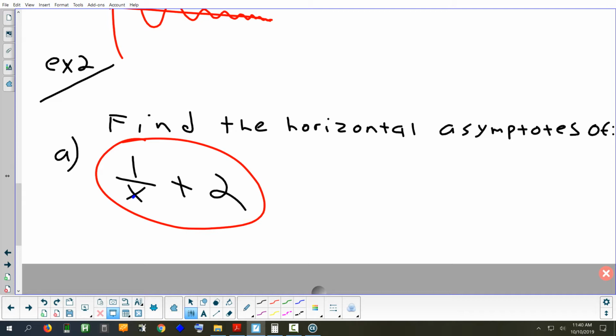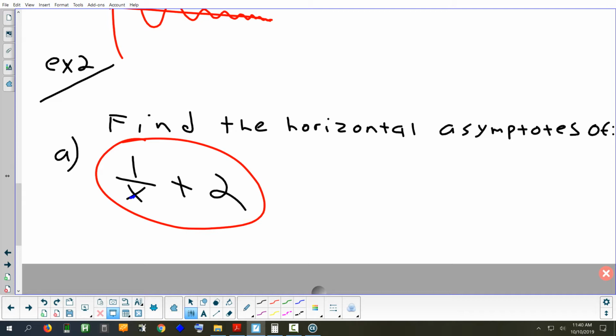So very, very close to 2. If you let x be 1,000, you're going to have 1/1000th, 0.001 plus 2. That's 2.001. So this graph is getting extremely close to 2. And that is your horizontal asymptote.